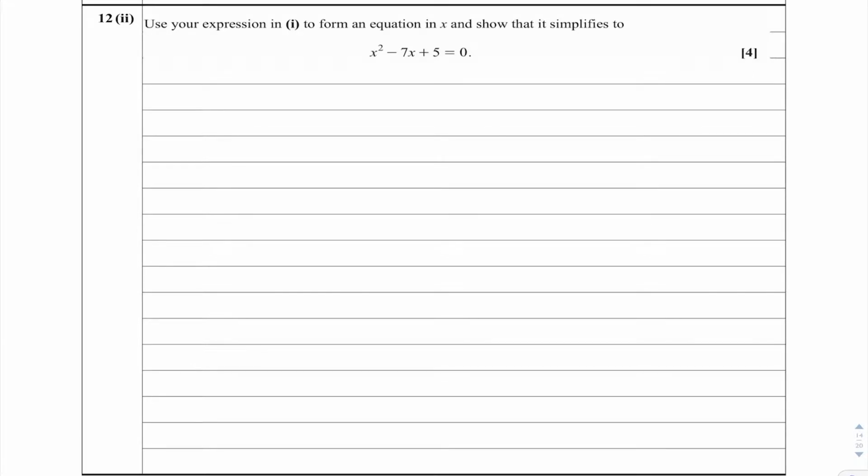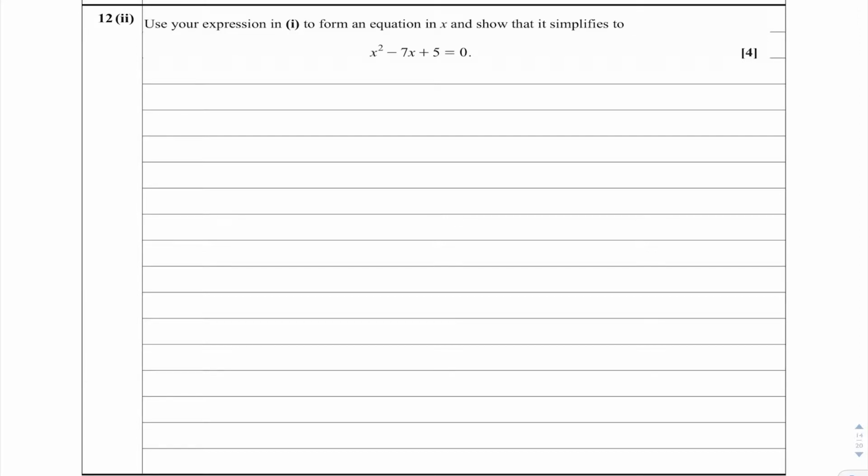Question 12.2. Use the expression in 1 to form an equation in x and show that it simplifies to x squared minus 7x plus 5 equal to 0. Right. So this is part 2.